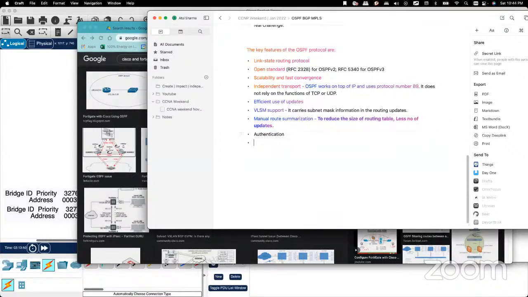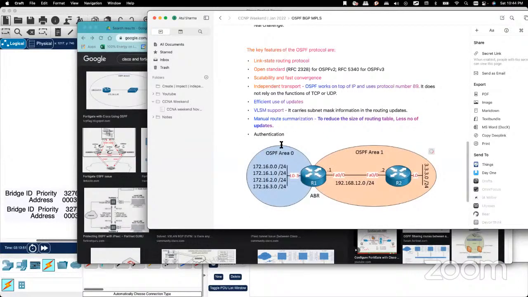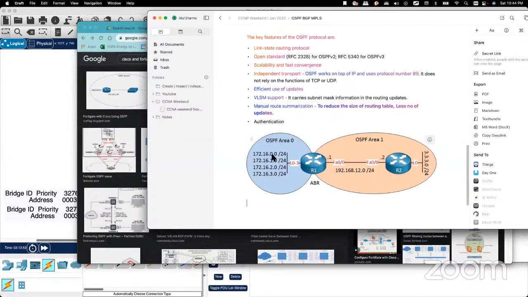Yes, sir. So I have a question about OSPF. OSPF is a protocol that was designed after TCP was introduced. Earlier, instead of OSPF, we were using ISIS. We still use ISIS.